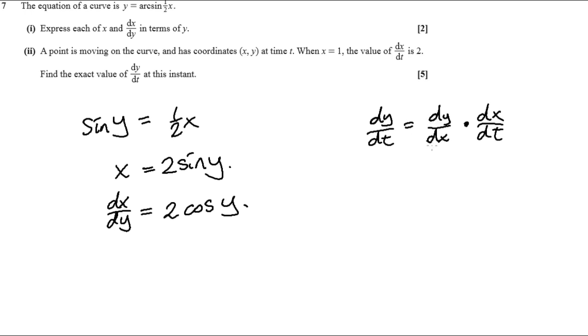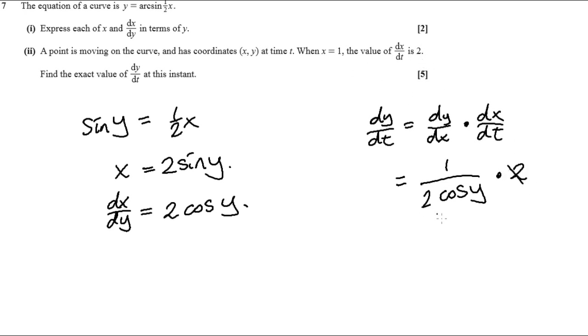But then we do not really know dy by dx. However, we do know dx by dy, and they have a reciprocal relationship, which means that it's just 1 over 2 cos y multiplied by dx by dt, which is given as 2.